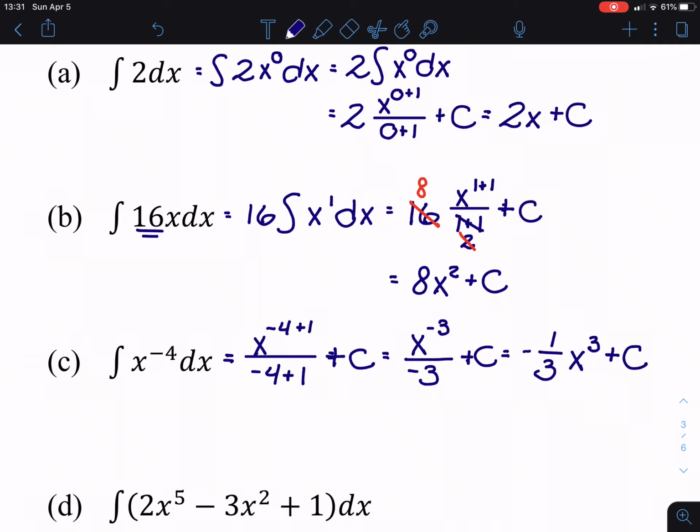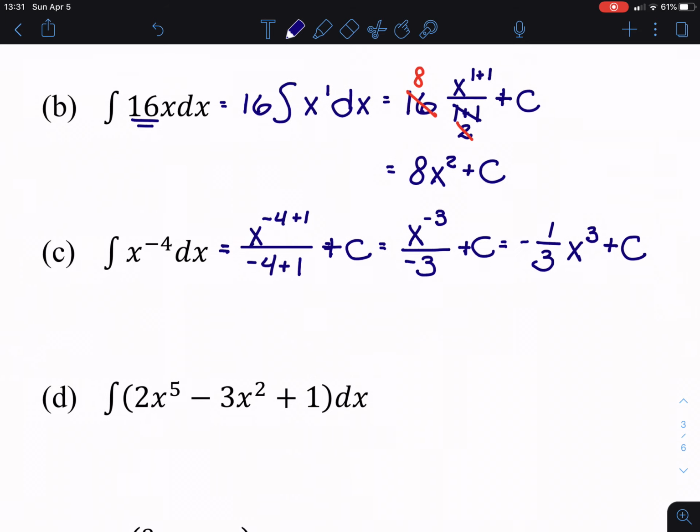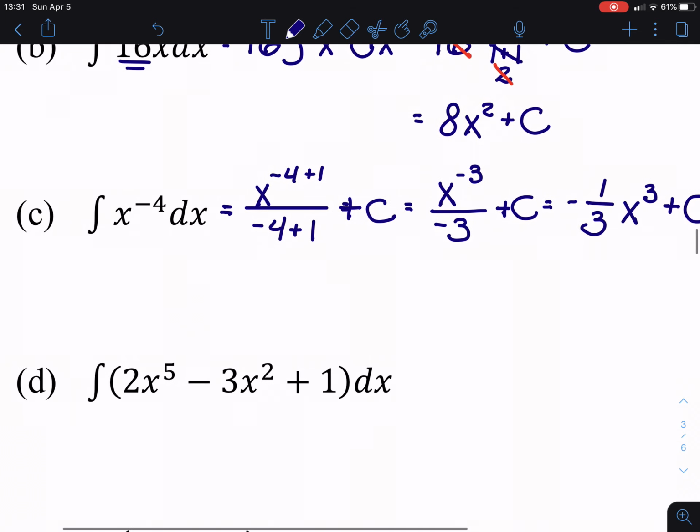All right, now we'll do one more example. Here we have the integral of 2x to the 5th minus 3x squared plus 1 dx. Now then, remember the last property that we had about indefinite integrals: when we have functions that are added or subtracted to each other, we can break them up and deal with them individually.